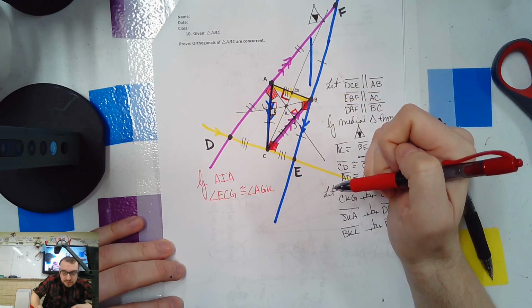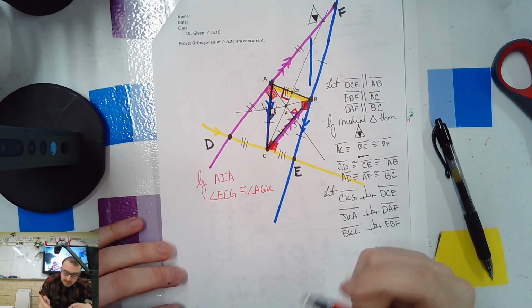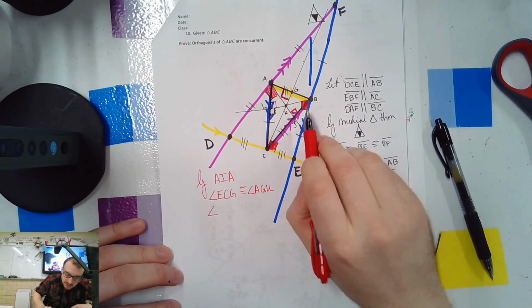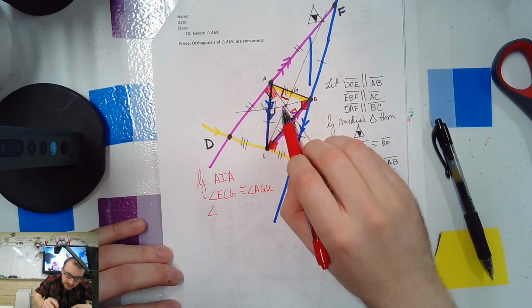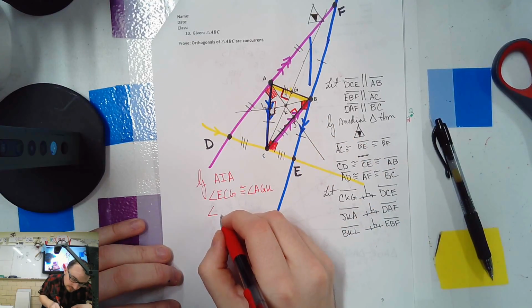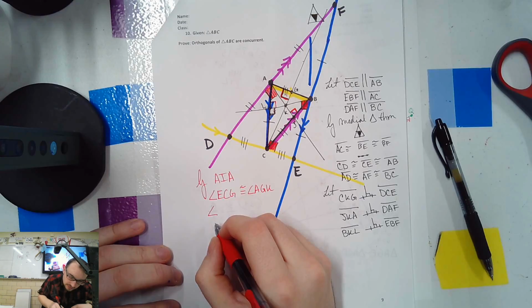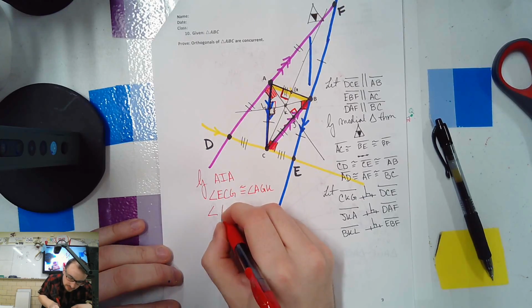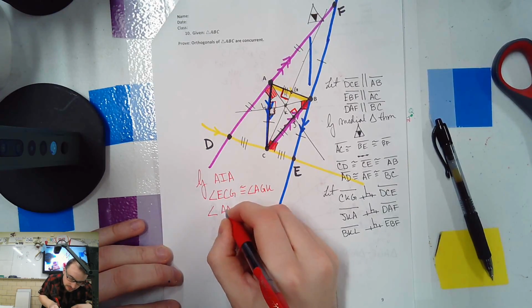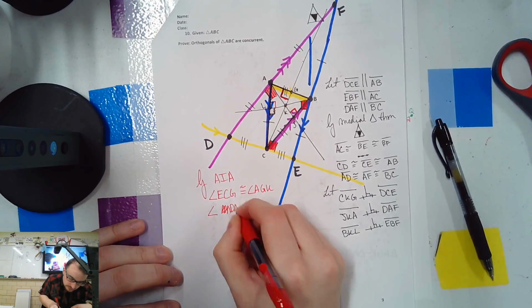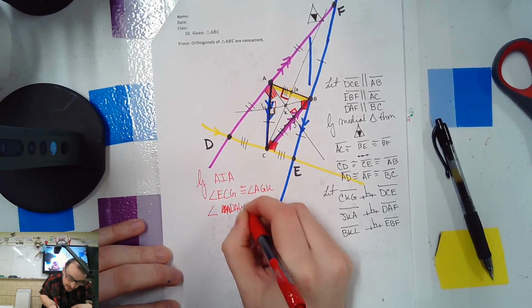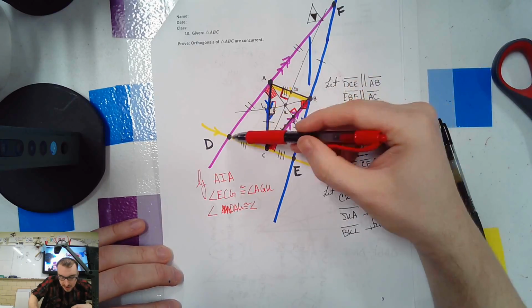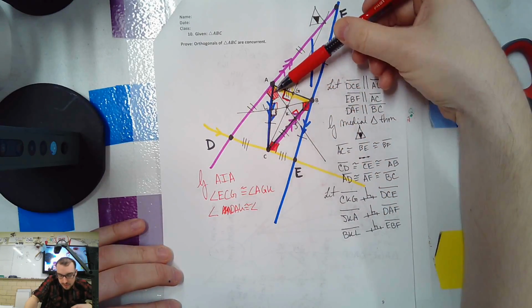AGK. And then let's do this one. DAK. And angle, whoops, letters are hard. DAK is going to go with angle. That's DAK right here, right? What does it go with?